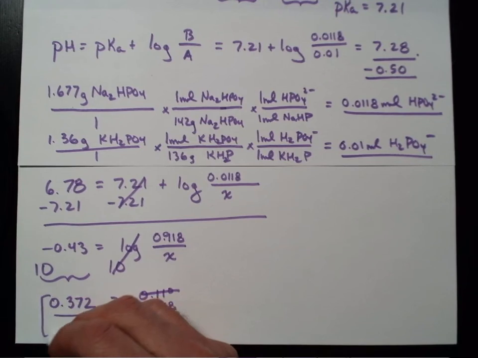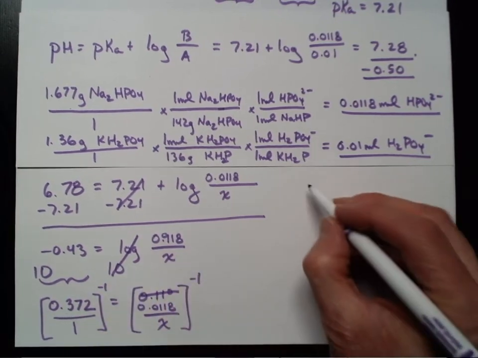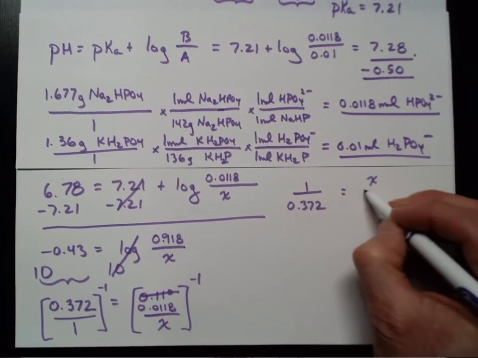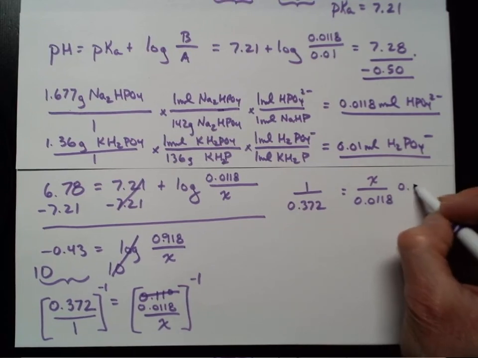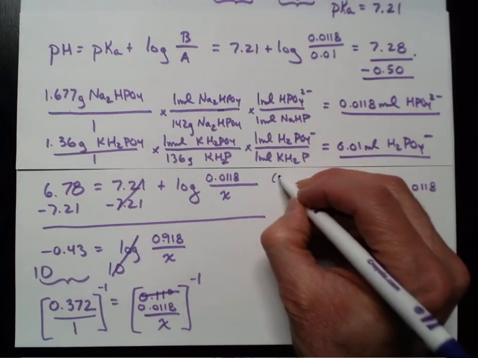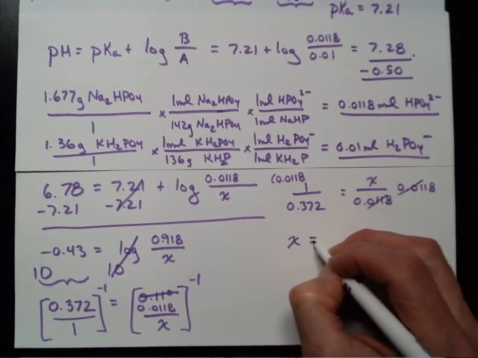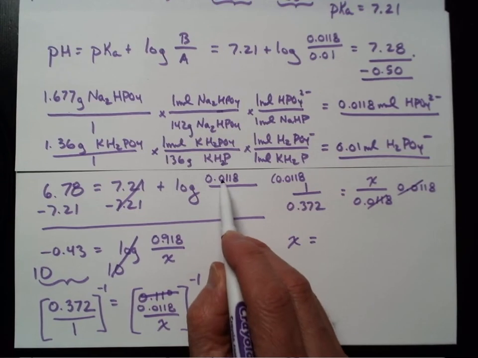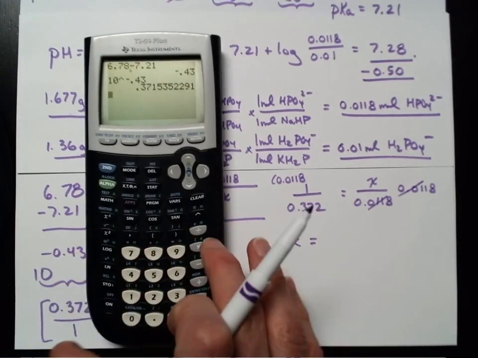Taking both sides to the negative 1 power, I get 1 over 0.372 equals x over 0.0118. Multiply both sides by 0.0118. This cancels, and I get x, which I need to remember is moles. This is moles of the conjugate base, so x will be moles of the conjugate acid. So it's going to be 0.0118 divided by 0.372.